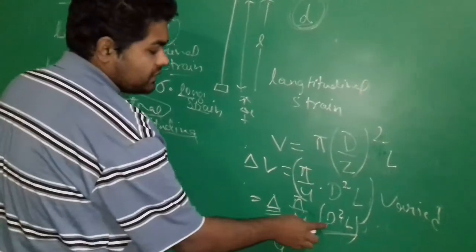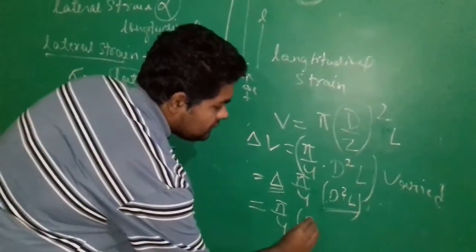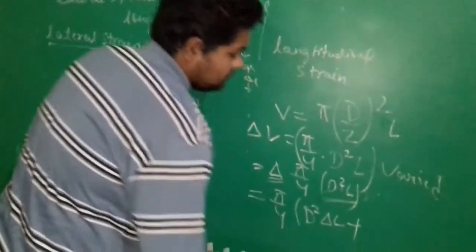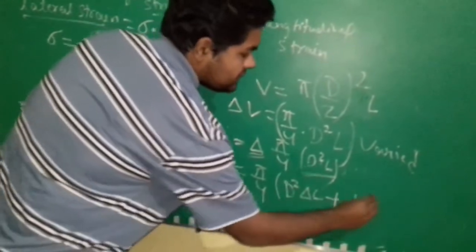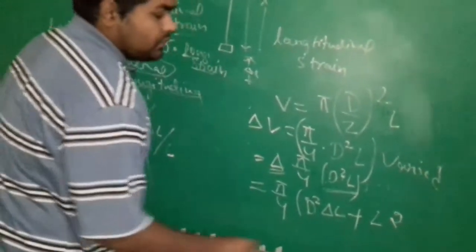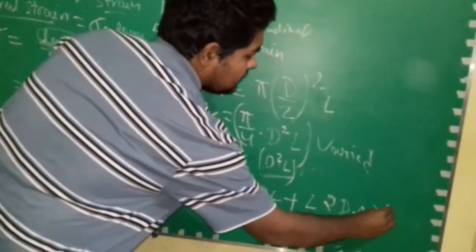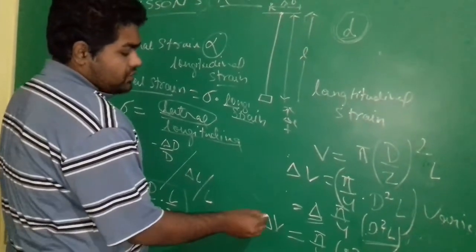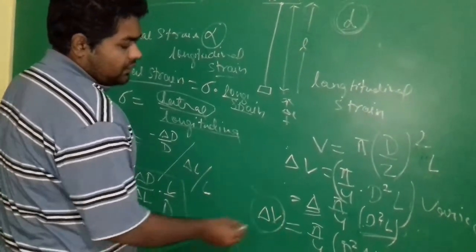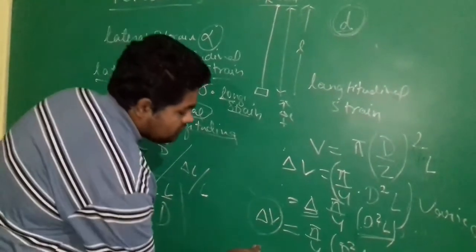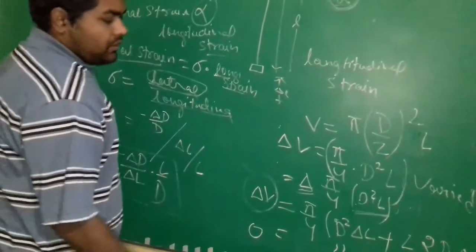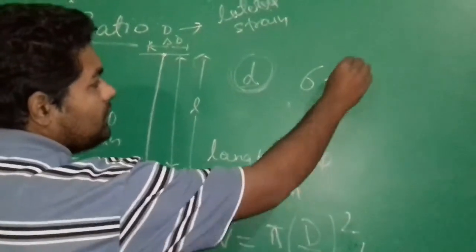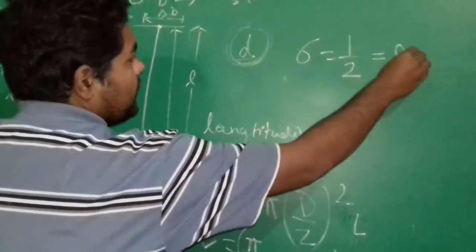So when we differentiate it, it will be first function d square into delta L plus second function L into differentiation of the first one, 2d into delta d. Delta V is equal to this. For constant volume it must be 0. If we are taking constant volume, then 0 is equal to this whole term. When we calculate the whole term, we will get that sigma is equal to 1 by 2, that is 0.5.